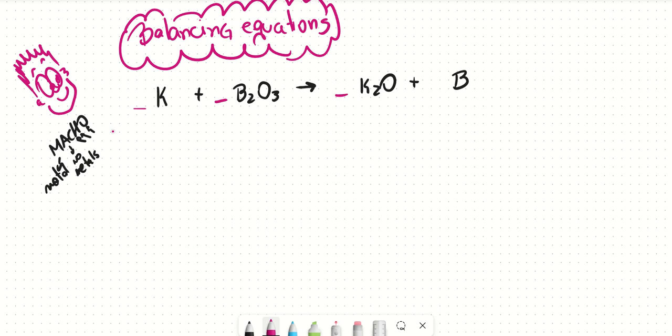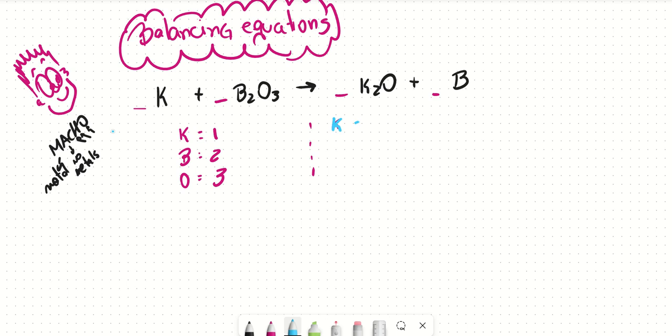First thing that I love to do is make a table. On this side I have potassium, boron, and oxygen, right? So I have just one potassium, 2 borons, and 3 oxygen on this side, and on the other side I will use blue.